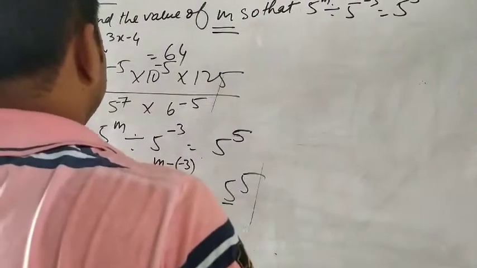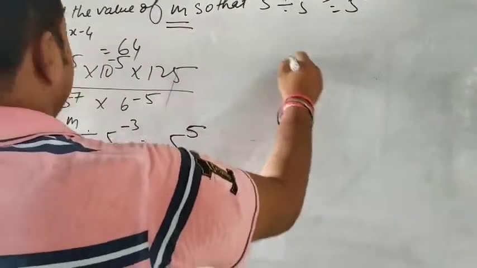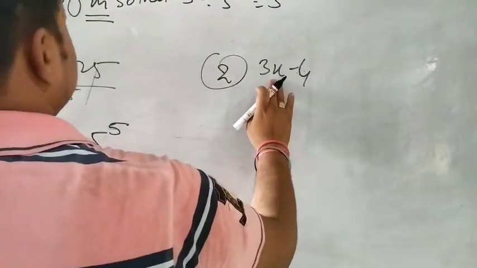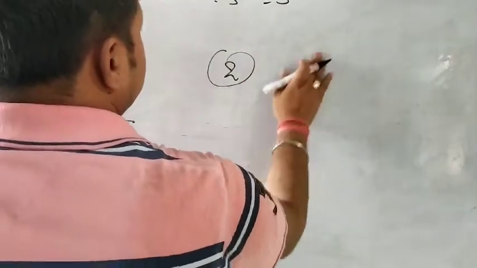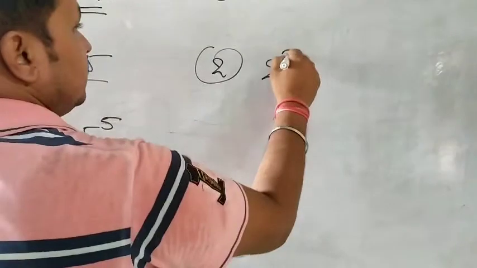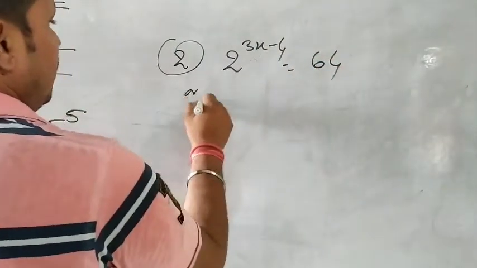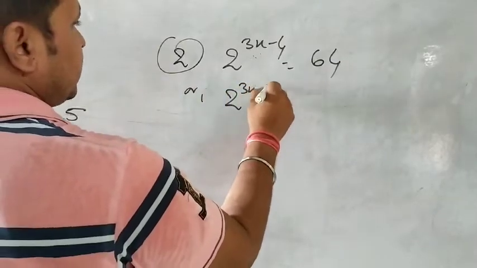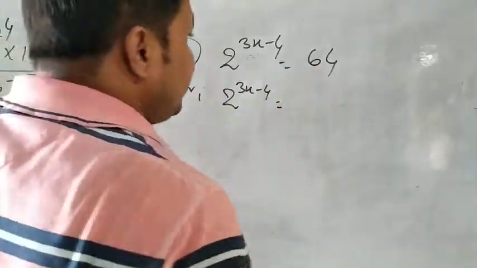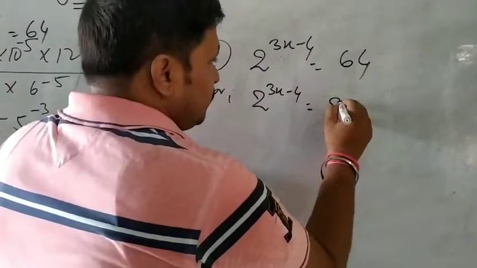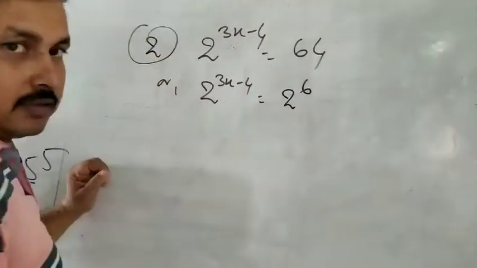So your second question is 2 to the power 3x minus 4 equal to 64. When 64 is factorized, we get 2 to the power 6.